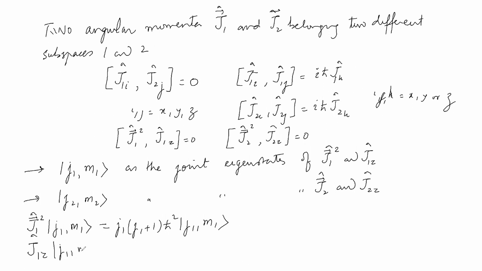J1Z operating on |J1 M1⟩ gives us M1 ħ |J1 M1⟩.